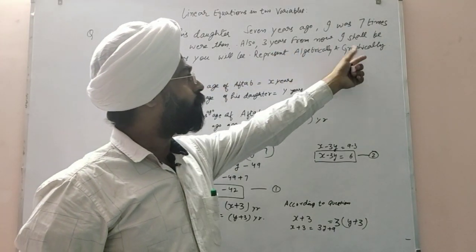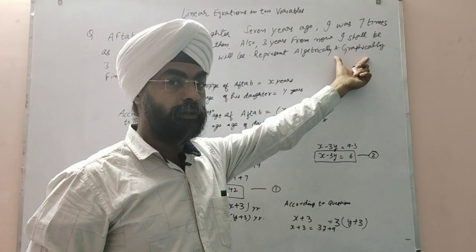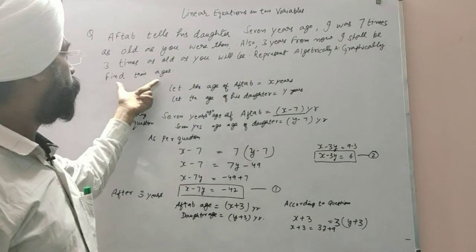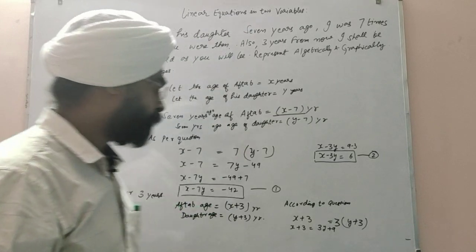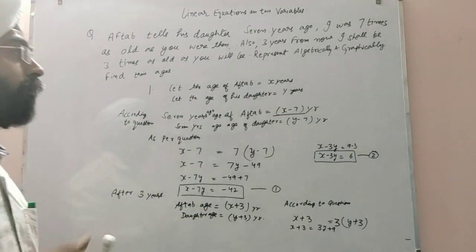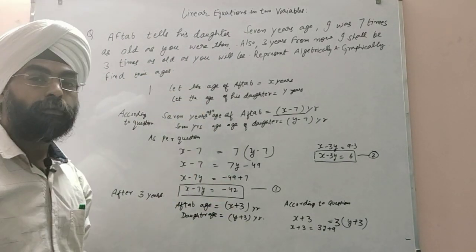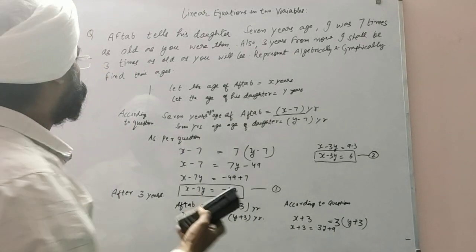Now we have to represent it graphically as well, and we will also find their ages, how to find the ages of both Aftab and his daughter. I hope you have understood till this step. Now I am writing the other steps.